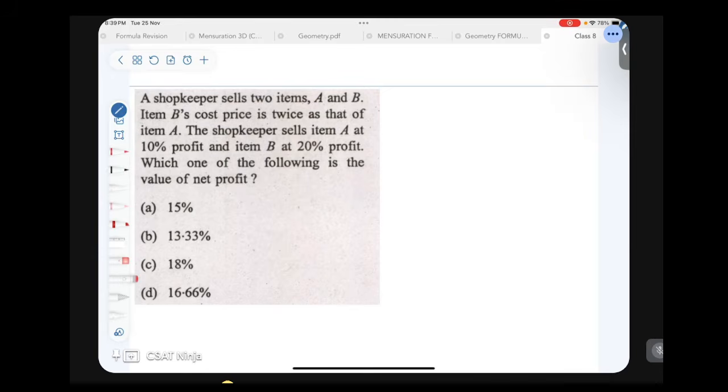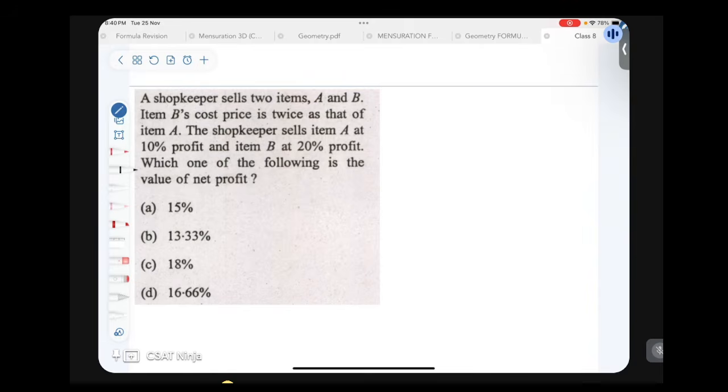The question is: a shopkeeper sells two items, A and B. The item B's cost price is twice that of the item A. The shopkeeper sells item A at 10% profit and item B at 20% profit. Which one of the following is the net value of profit? Okay, let's try this question. It's a PYQ of UPSC.